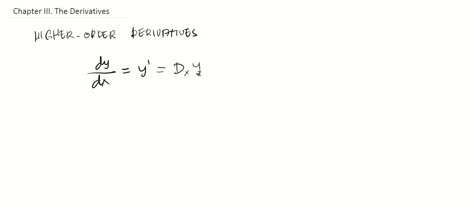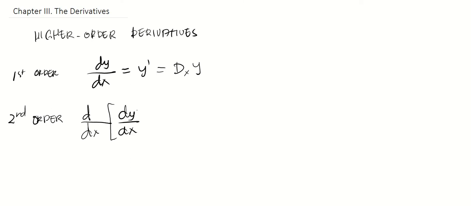Now, if we want to determine the higher order derivatives, or the next one, this is the first order derivative. If we want to take the second order, then what we do is we take again the derivative of that first order. So we take the derivative with respect to x again of the first order dy dx.